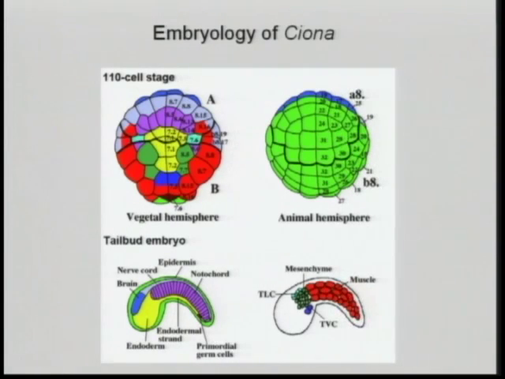At the 110-cell stage, these different colored blastomere fates are already specified. They will develop along defined lines. At the end of embryogenesis, you know exactly what cells they will give rise to and where these cells will be located within the developing embryo. This greatly facilitates lineage tracing and live imaging of individual cells in the embryo.